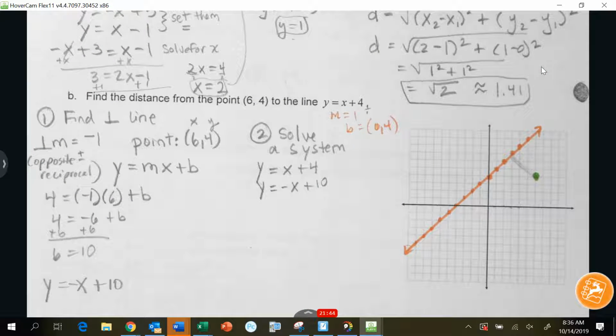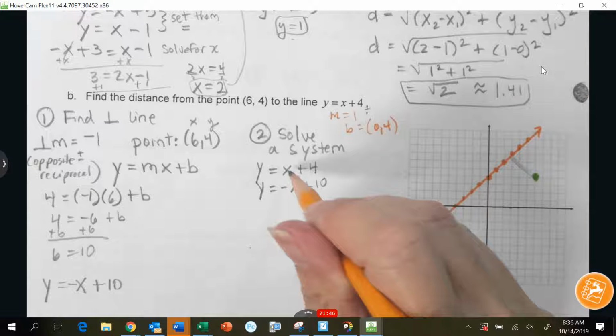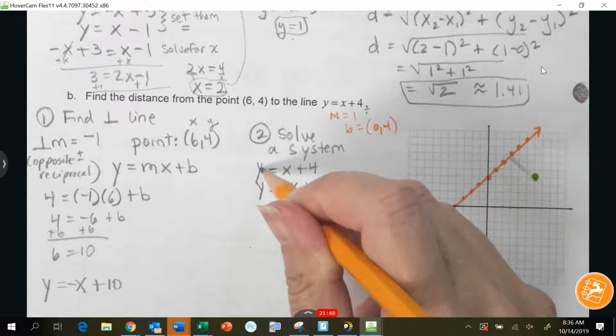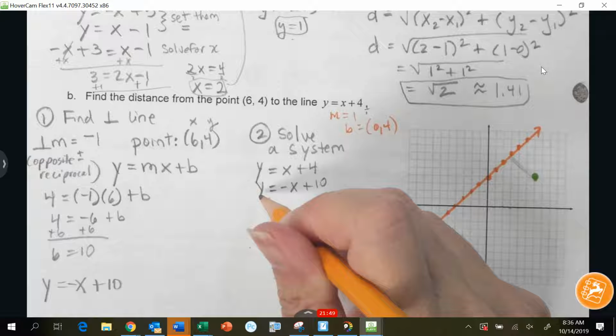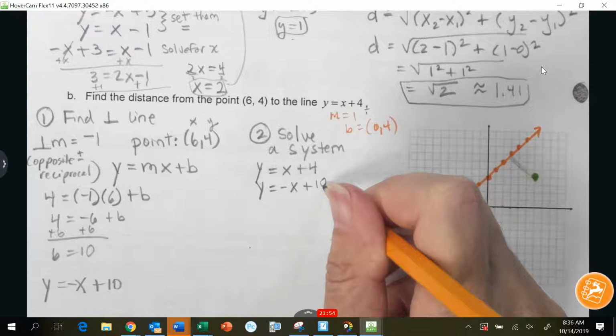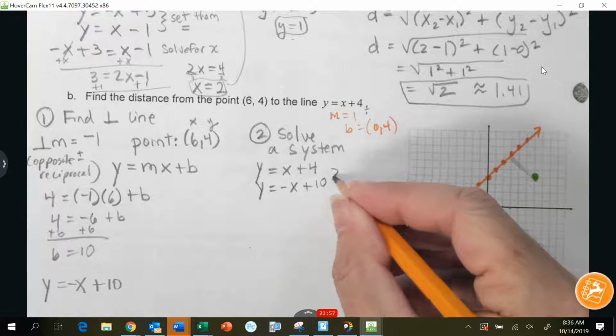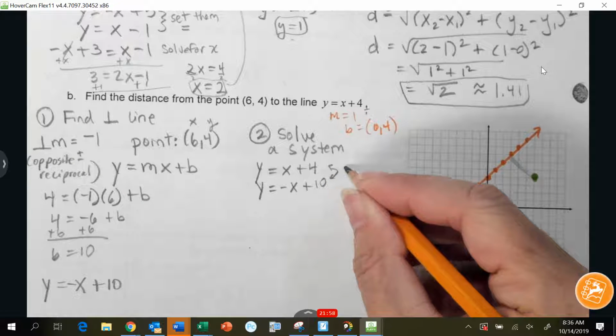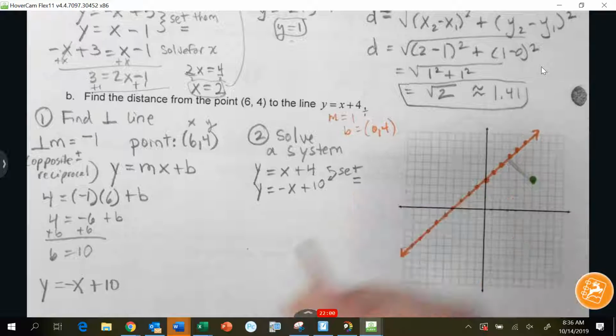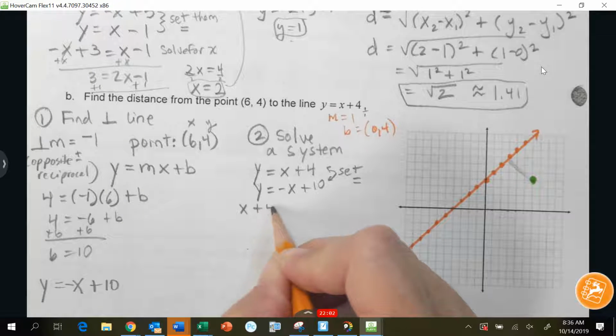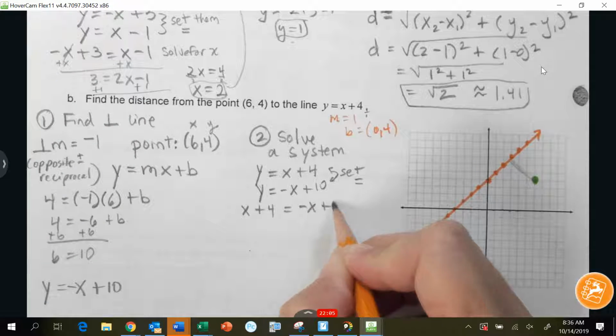So we use our translate. If x plus 4 equals y, and y equals negative x plus 10, they equal each other. Set equal. x plus 4 equals negative x plus 10.